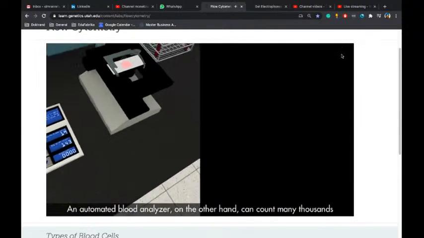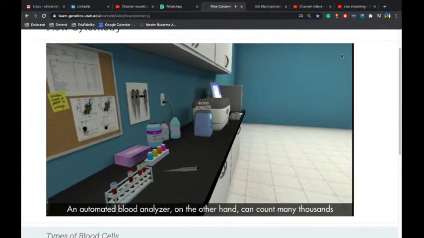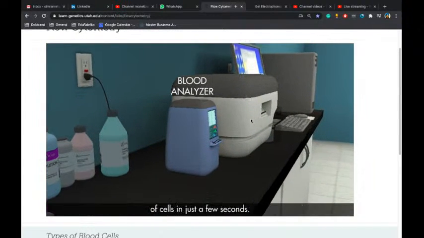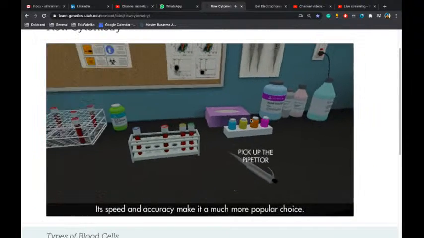An automated blood analyzer, on the other hand, can count many thousands of cells in just a few seconds. Its speed and accuracy make it a much more popular choice.